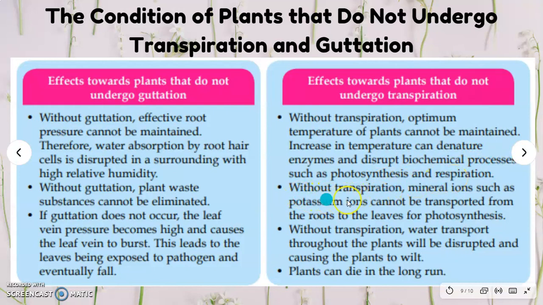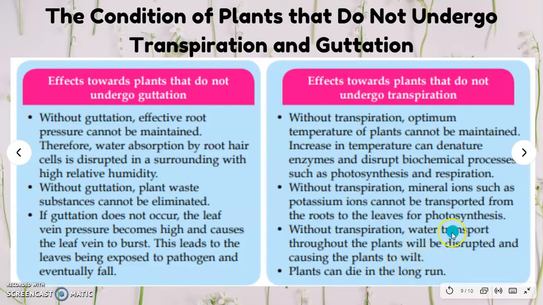Second, without transpiration, mineral ions such as potassium ions cannot be transported from the root to the leaf for photosynthesis. Third, without transpiration, water transport throughout the plants will be disrupted, causing the plant to wilt.